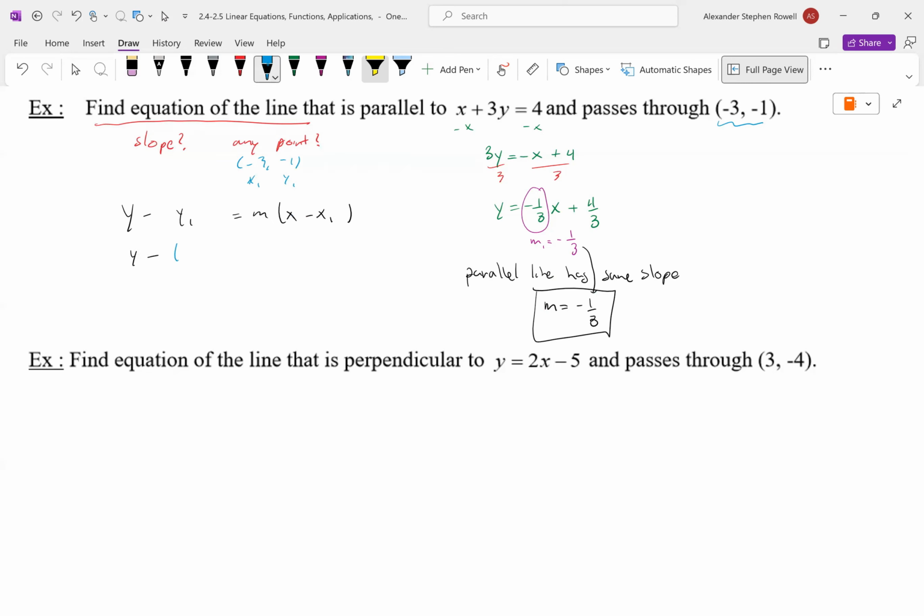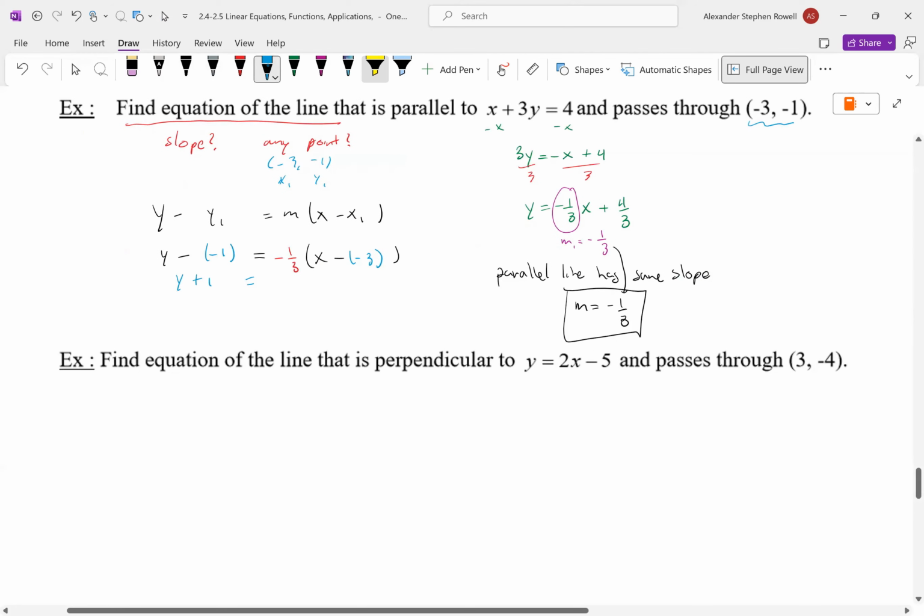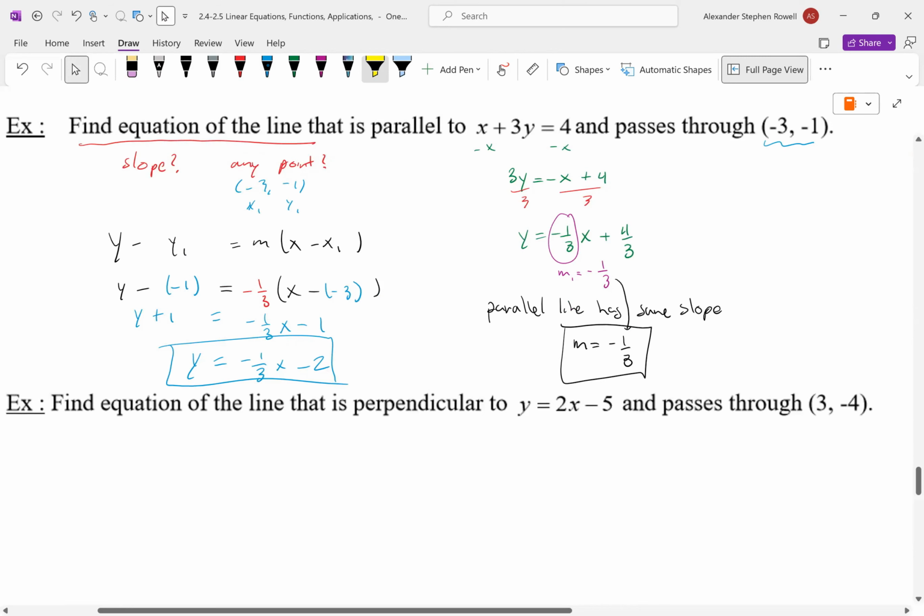So y minus -1 is equal to -1/3 times x minus -3. Y plus 1 is equal to -1/3 x. We have the not too rare triple negative, which makes it negative or positive? -1. We subtract 1 from both sides. -1/3 x minus 2. Any questions about this?